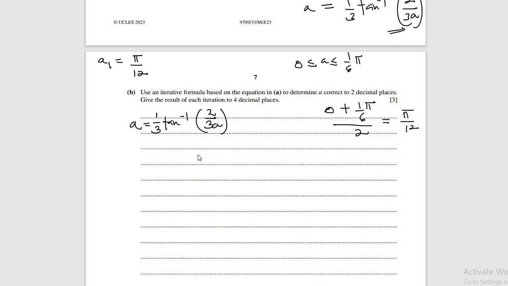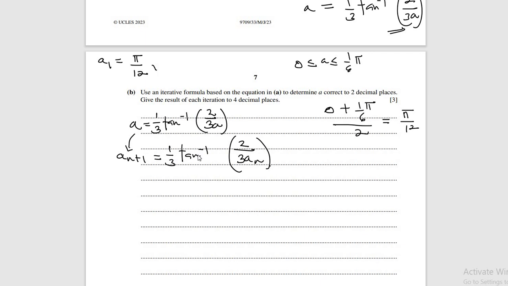Now this model, you can write it like this: a(n+1) equals 1 over 3 arctan of 2 over 3a(n). That's the whole idea. So let's find a2.